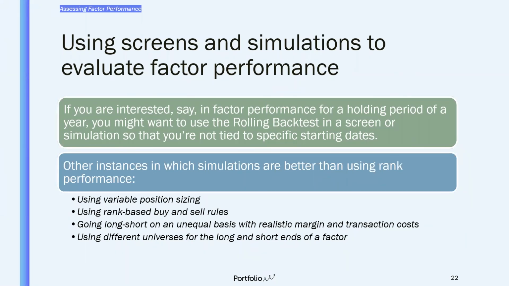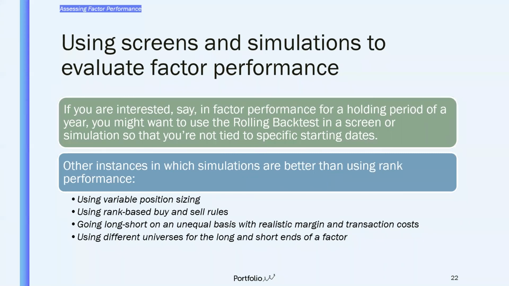And that may not be enough. That's a pretty small number of dates. But if you use the rolling backtest in a screen or a simulation, then you can look at all these different starting dates and see how your factors performed. Of course, you can only look at one bucket at a time, so it's much more labor intensive to do it that way. But there are other instances in which simulations are better than using rank performance.